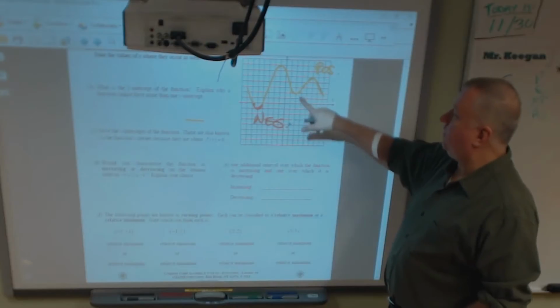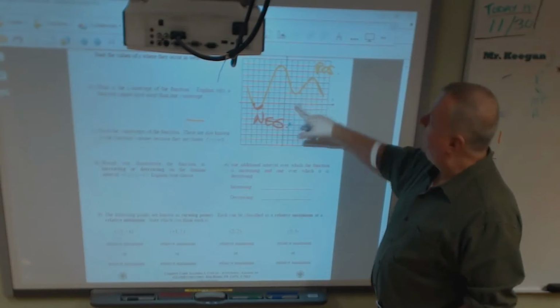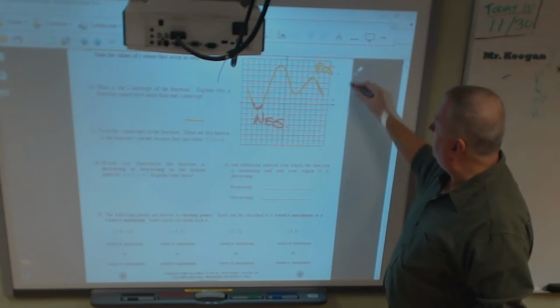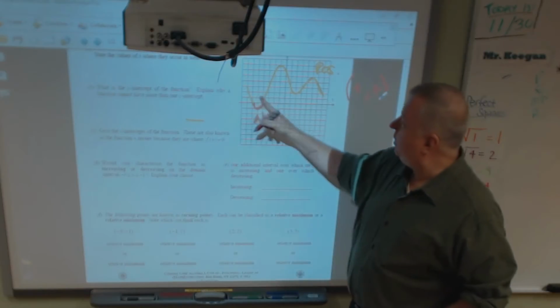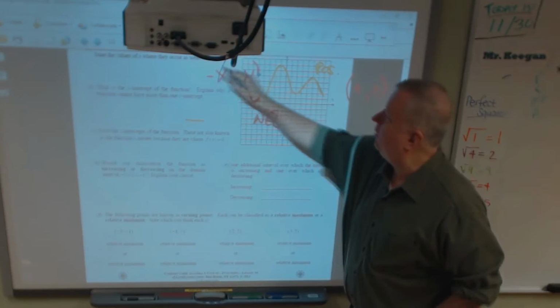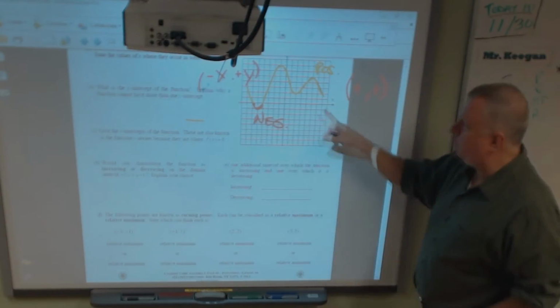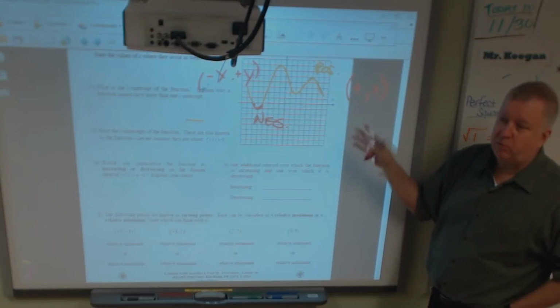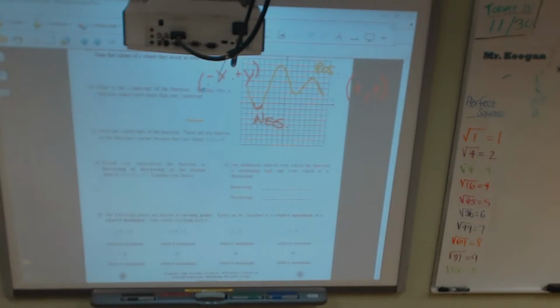In order for a point to be here, you'd have to have a positive x and a positive y. In order to be here, you'd have to have a negative x and a positive y. Down here would be negative and negative, and here would be positive and negative. That's even more basic stuff.